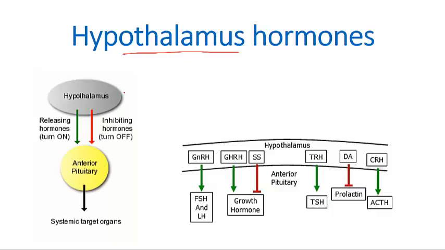Now, both of these, the paraventricular region and supraoptic nuclei, secrete hormones into the posterior pituitary, and they control the release of the hormones from the pituitary. So we know till now that the pituitary is sitting as a master gland.